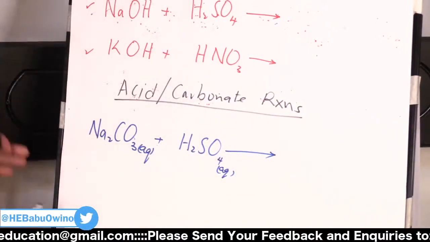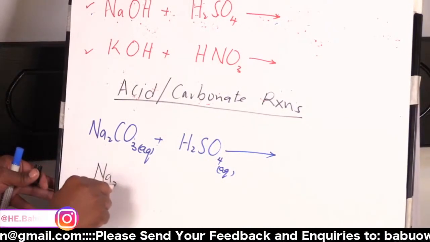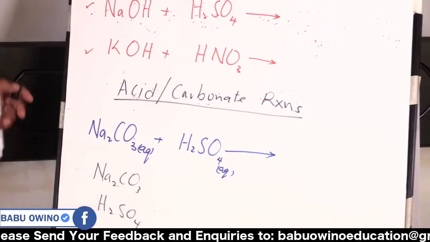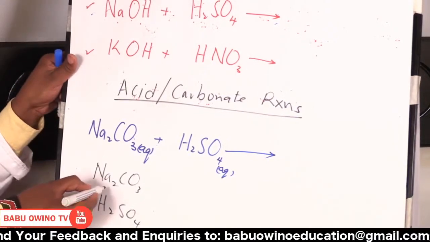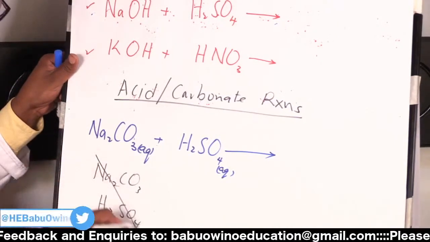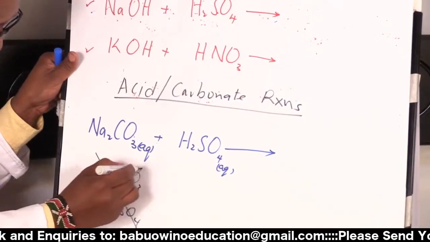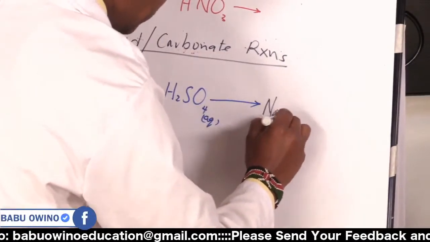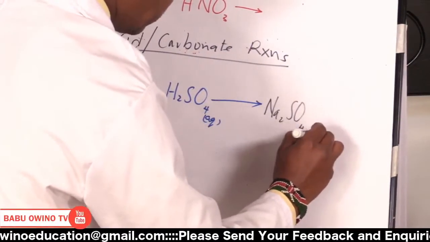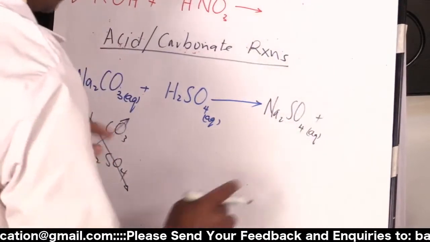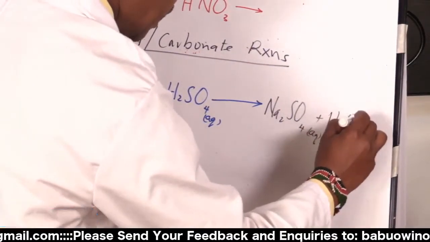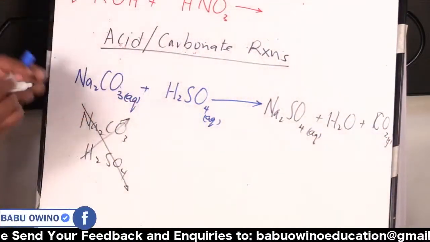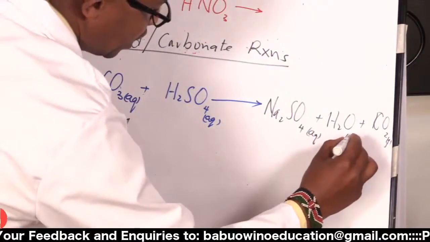Remember what we said? When you take sodium carbonate plus sulfuric acid, it is important to know which salt you will form. That one takes that, that one takes that. So sodium and sulfate, you get sodium sulfate. Then you will get H2O plus CO2. Now, CO2 is gaseous and water is a liquid.